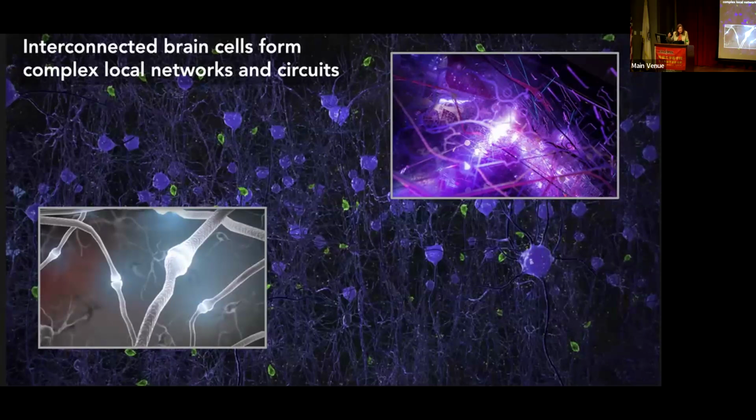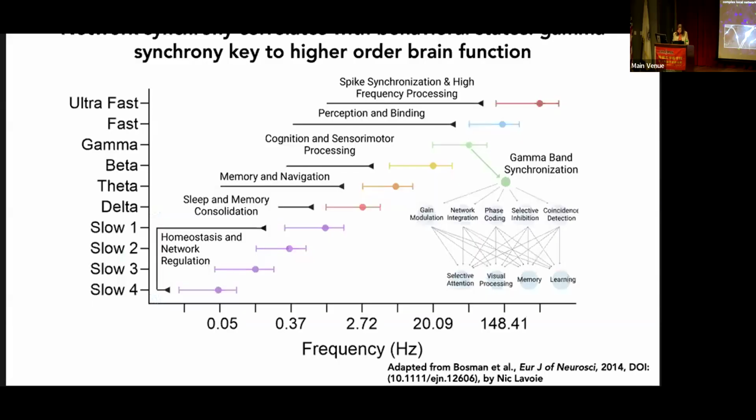However, synchronous firing of neuronal ensembles is believed to underlie behavioral states. So the synchronous firing activities can be detected as brain rhythms or brain waves, as popular science would like to call it, by electroencephalogram, or EEG, or other electrophysiological approaches.